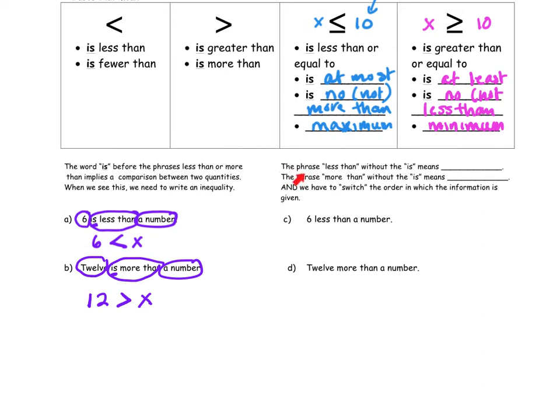So when we look at these very similar statements, the phrase less than without the word is means that we're subtracting. So if you see that, we're going to say this is subtraction. And the phrase more than without is in front of it means addition.